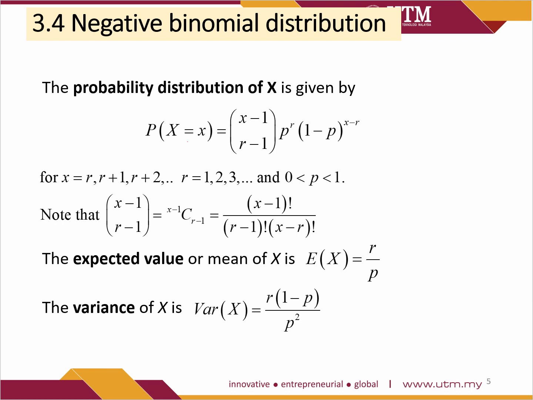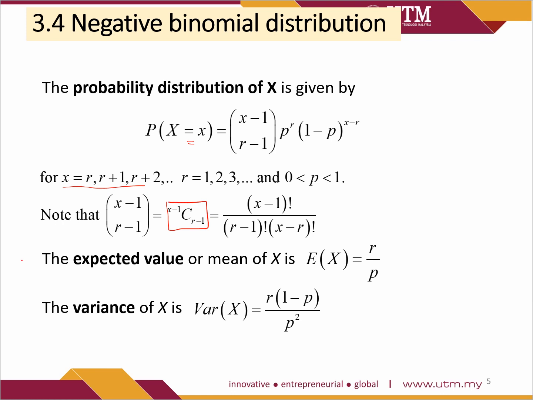The probability of X equals the number of trials is x minus 1 combination r minus 1, times p to the power of r, times 1 minus p to the power of x minus r. This is for x starting from r plus 1 and so on, and r starting from 1 to 3. Note that x minus 1 combination r minus 1 is given as this.